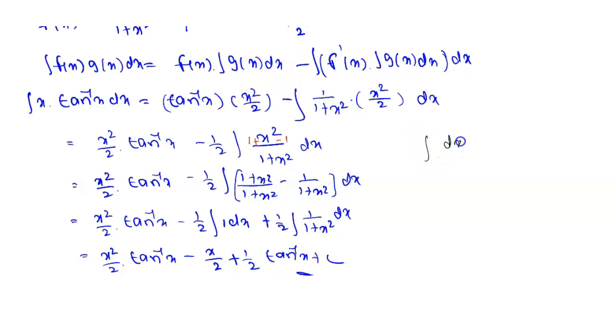Integration of dx by 1 plus x square formula is what? Tan inverse x. And integration of 1 dx formula is what? x plus c. For each and everything c is there, but here in the final answer I wrote only one c. Okay, right, this is the answer for this question.